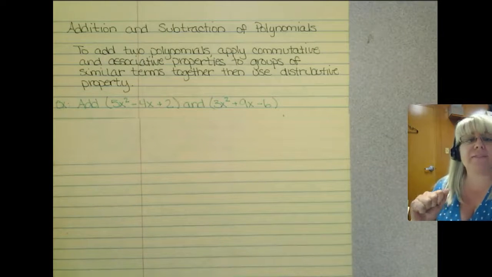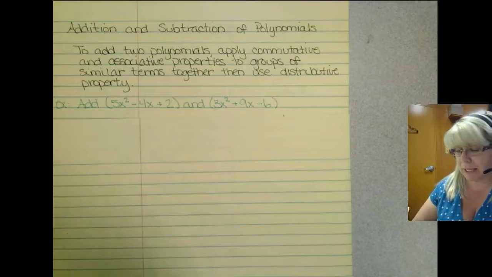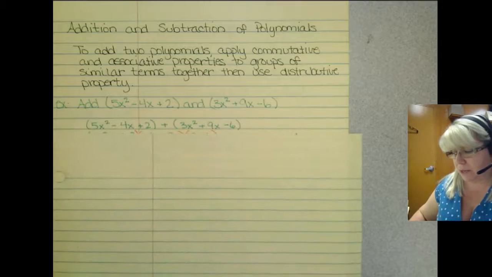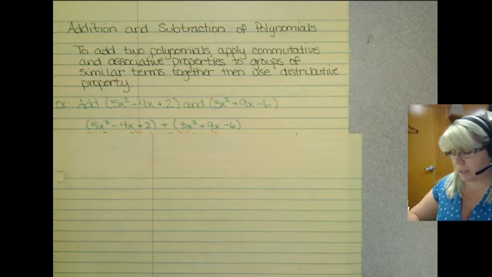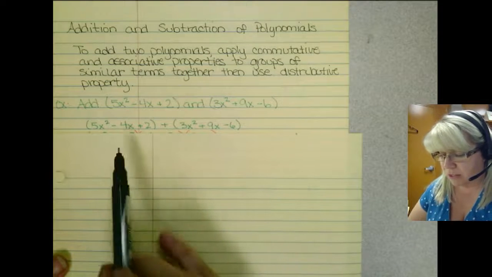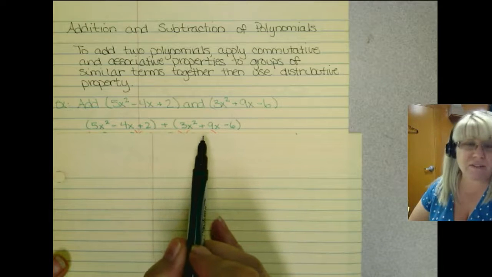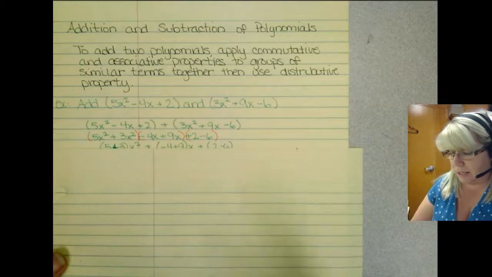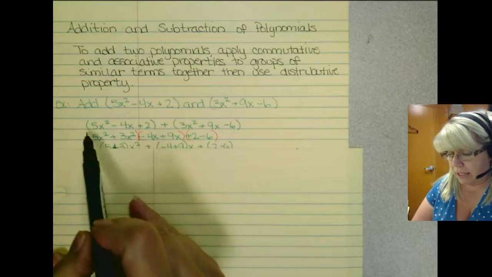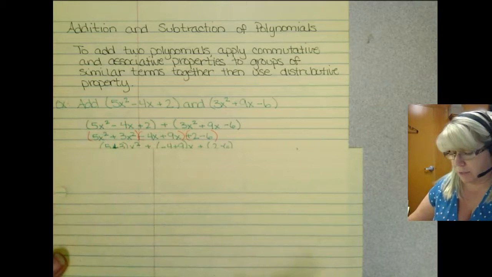Let's add 5x squared minus 4x plus 2 and 3x squared plus 9x minus 6. So the first thing I'm going to do is I'm going to bring those two together with an addition symbol in between. So 5x squared minus 4x plus 2 plus 3x squared plus 9x minus 6. Now I've reordered it and I can kind of group these things together and add like terms.